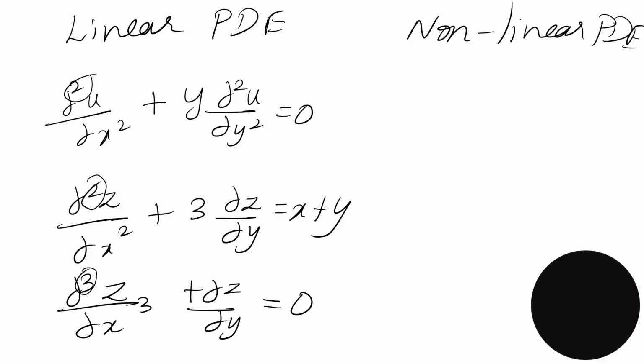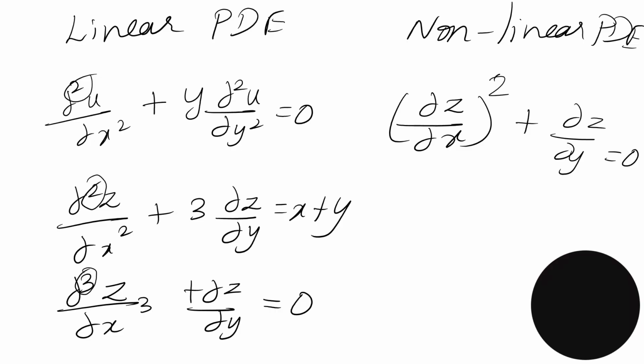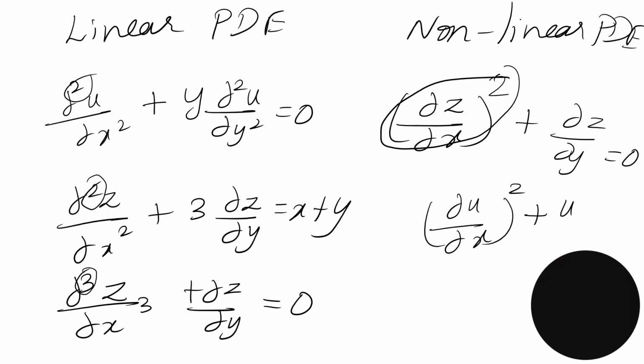Then examples of nonlinear: dou z by dou x whole square plus dou z by dou y equal to 0. The square term makes the whole equation nonlinear. Next one: dou u by dou x whole square plus u dou u by dou y equal to 1. This has a square term, and also u multiplied with its derivative.